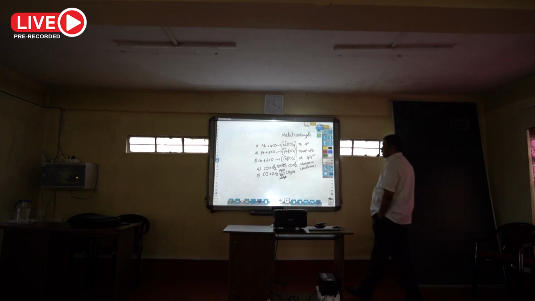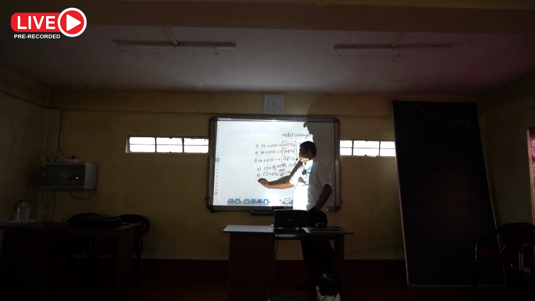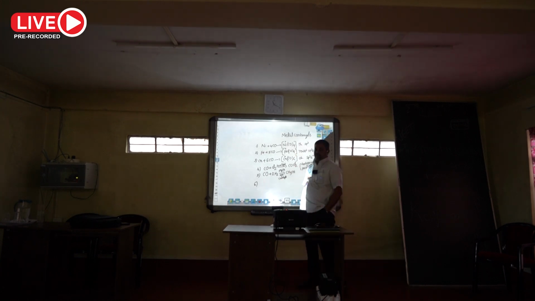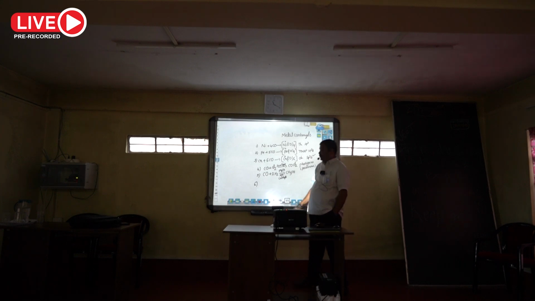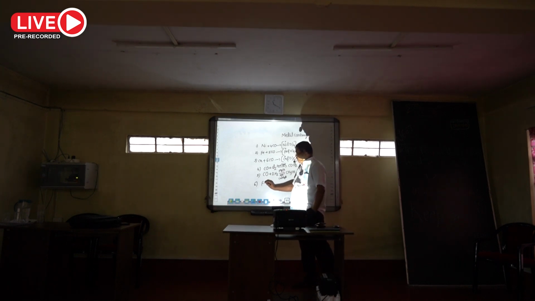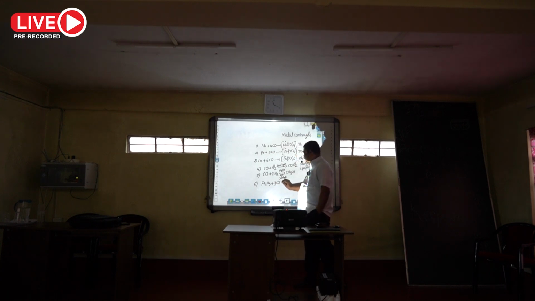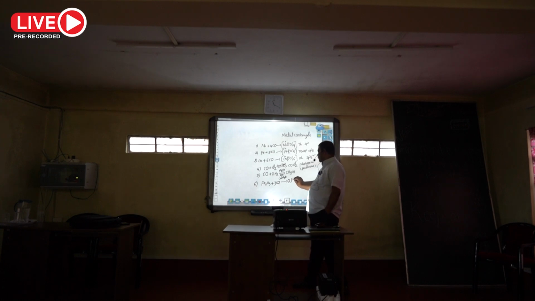Another important point, the most important point, even in the future if you write civil service exam, carbon monoxide is the most important reducing agent in iron and steel industry. So Fe2O3 plus 3CO gives 2Fe plus 3CO2.